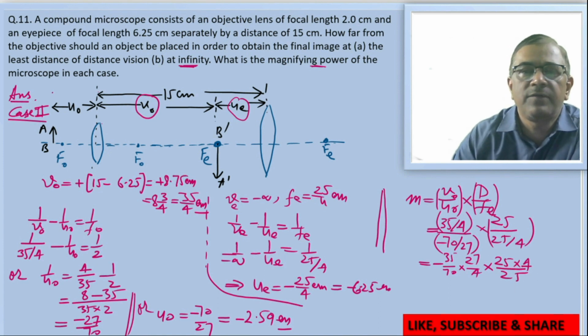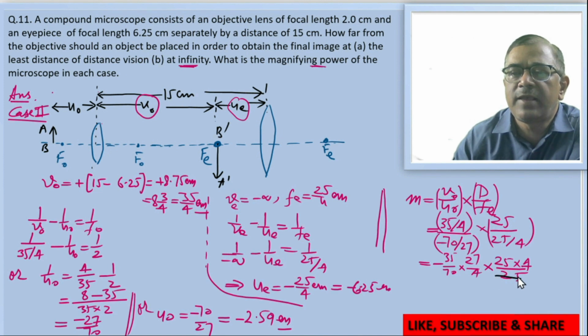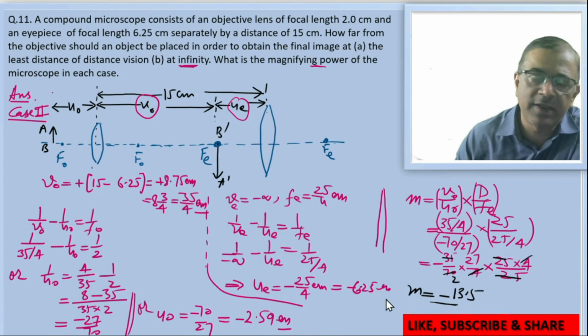If we solve it further, 25 will cancel this 25, 35 ones are, 35 twos are, 4 and 4 will also cancel. So basically this is 27 by 2 with negative sign, equal to minus 13.5. So this is the magnification for the second case.